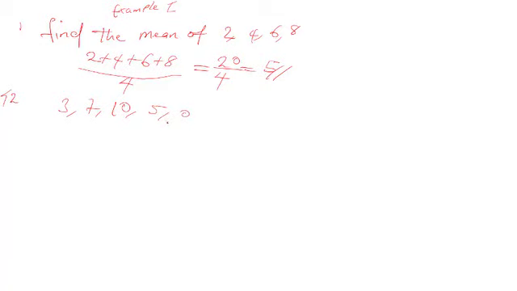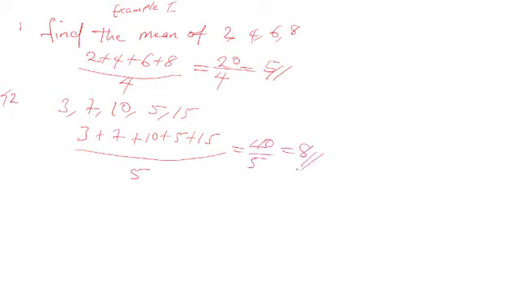Now if I give you numbers like this to find the mean for me, all you need to do is 3 plus 7 plus 10 plus 5 plus 15 over how many numbers we have? 1, 2, 3, 4, 5 over 5, which is equal to 3 plus 7 is 10, plus 10 is 20, plus 5 is 25, 40. So we now have 40 over 5, which is equal to 8. That's how to find the mean.